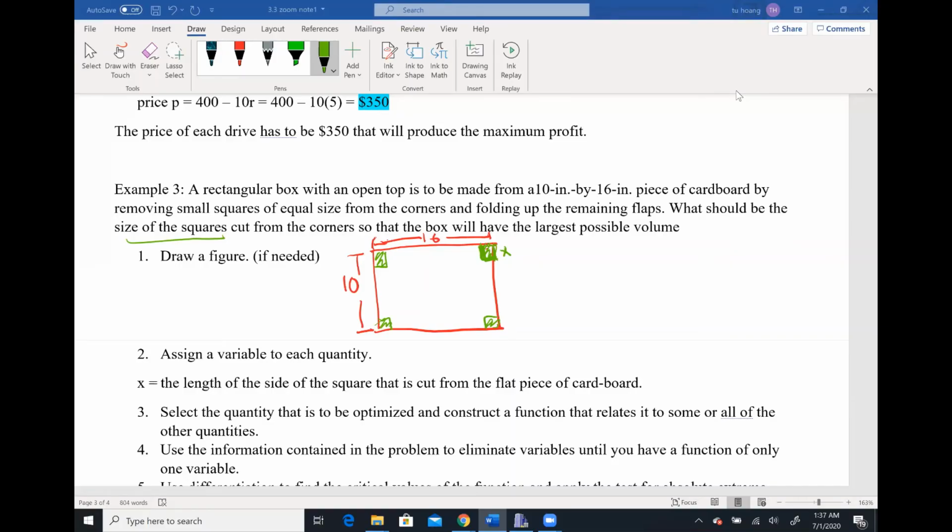Maybe I have to draw how the box looks after folding it.